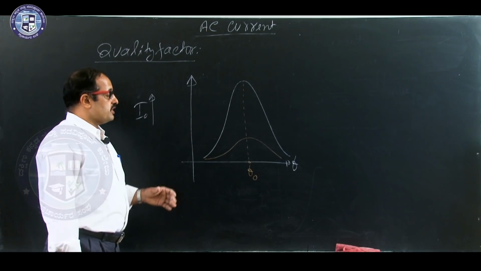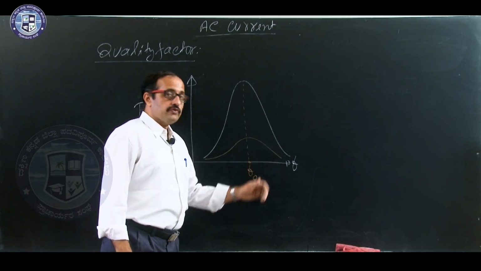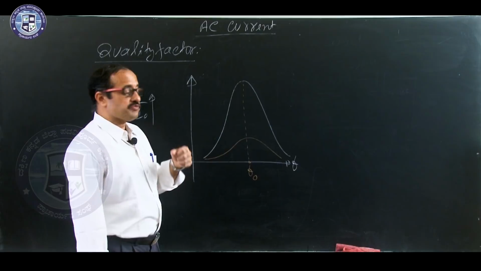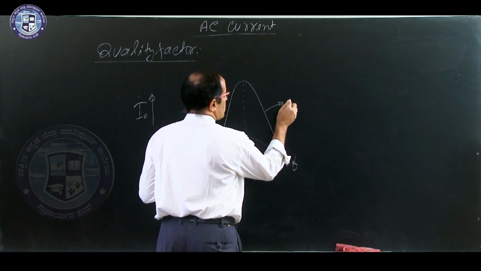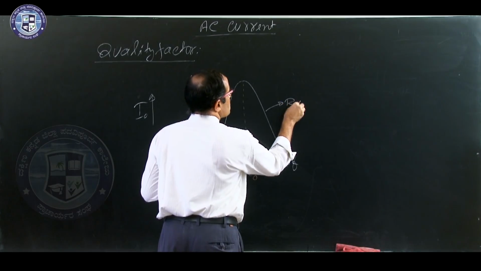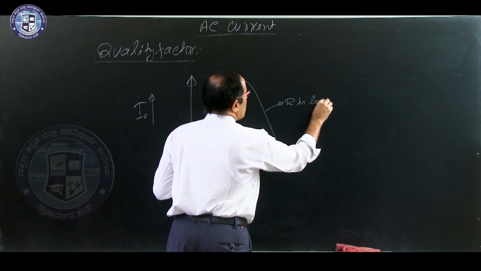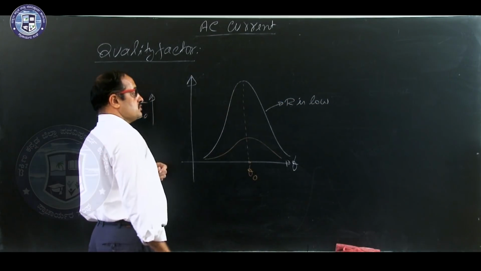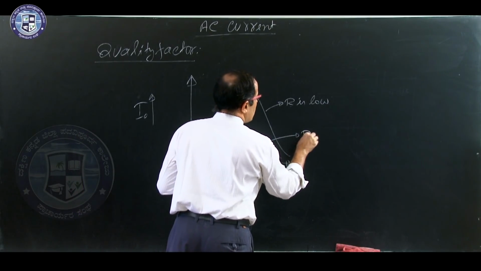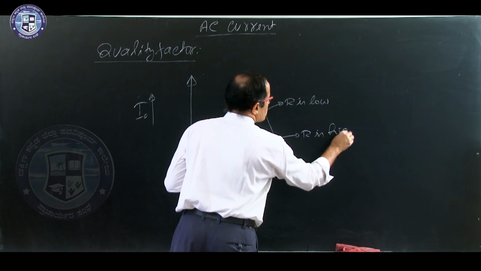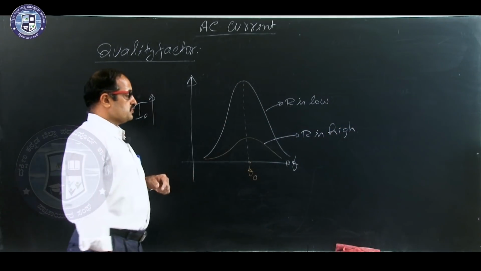Now, what makes the difference? It is the graph we obtained when resistance of the circuit is very low. Therefore, here I will write R value is low, R is a low value. For that the graph will be like this, and here R is a higher value, high value.